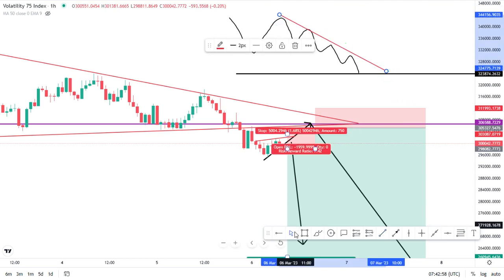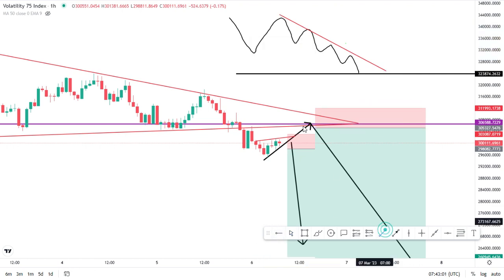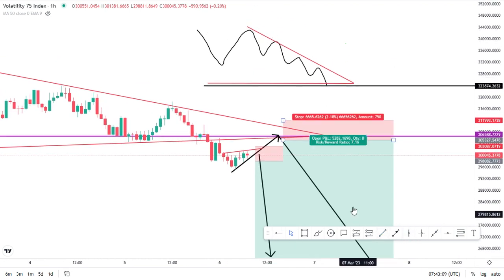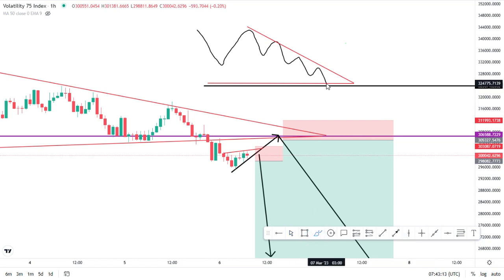Now if you look here, I have my descending triangle right here. So I'll be waiting for the price to break out. Once the price breaks out here, I actually make entry, or I wait for break and retest. So if the price retests the zone, I will now sell at that retest.